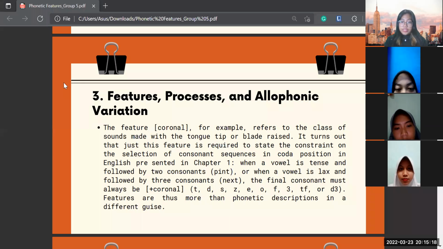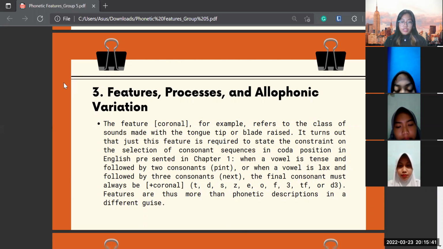When a vowel is tense and followed by two consonants, or when a vowel is lax and followed by three consonants, the final consonant must always be coronal: t, d, s, z, θ, ð, or the like. Features are thus more than phonetic description.